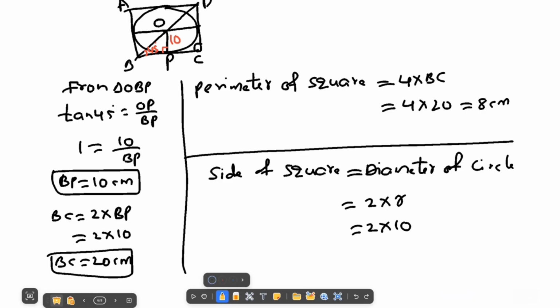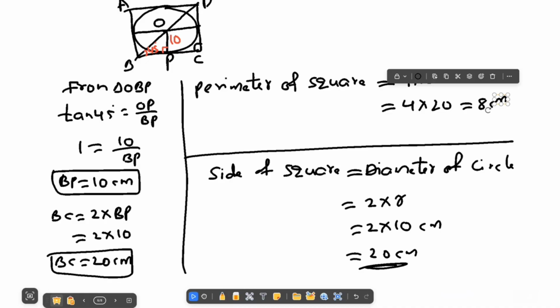So 2 times the radius, which is 10 centimeters, gives 20 centimeters. That is how we can also find that the side of the square is 20 centimeters. Then the perimeter is 4 into the side, 4 into 20, which is equal to 80 centimeters. So this is 80 centimeters, right? 80 centimeters.